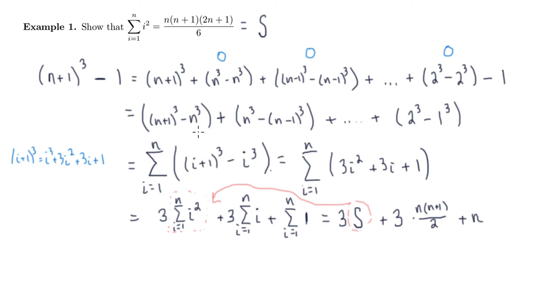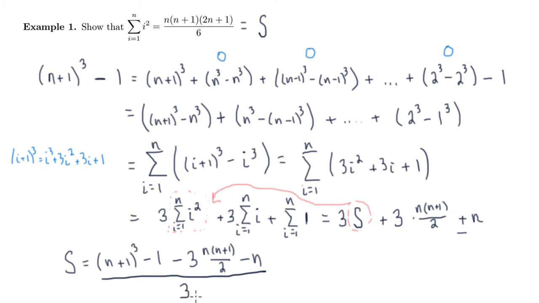So now if I just solve algebraically for s, remember that all of this is equal to (n plus 1) cubed minus 1. We should get that s is equal to (n plus 1) cubed minus 1, minus, so I'm just going to subtract these other terms over, 3 times (n plus 1) over 2 minus n, and then I need to divide by 3, all over 3.